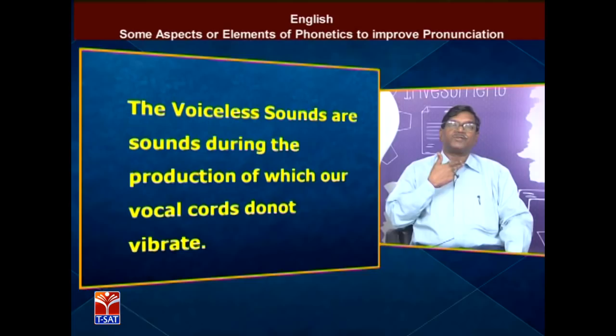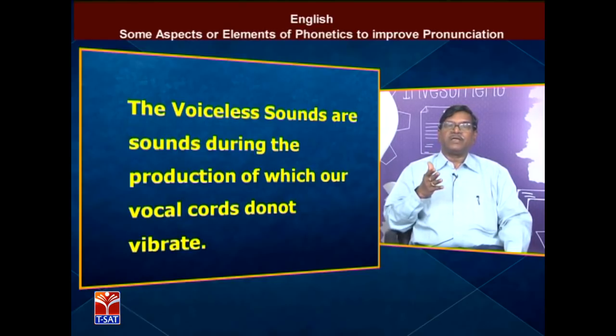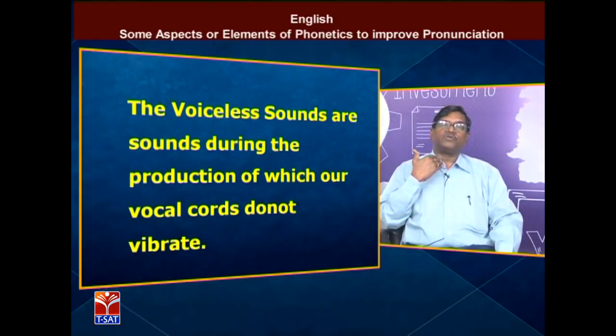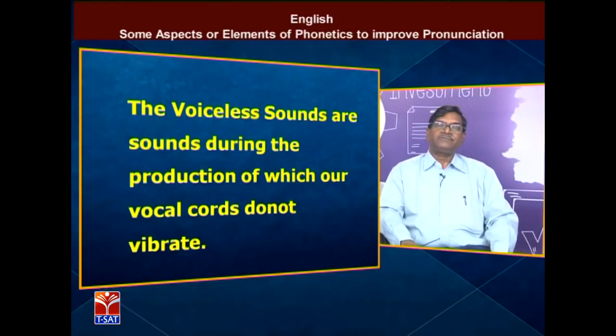P, P, P, B, B, B, T, T, T, D, D, D. You will be listening to the vibration of your vocal cords in the case of voiced sounds. And in the case of voiceless sounds, that we cannot observe because the vocal cords do not vibrate. Okay?